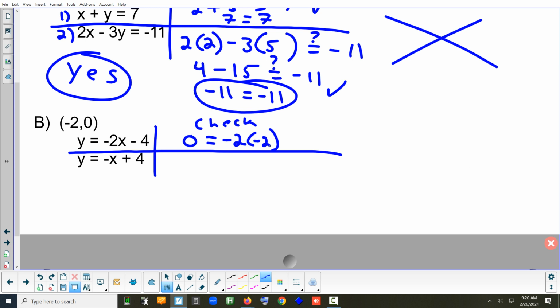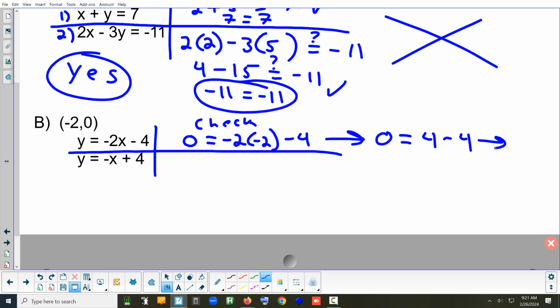And then -4. Okay, so I'm going to simplify it off to the side. So I've got 0 on the left. What's -2 times -2? 4. Negative times a negative is positive, so it's 4. And I still have the -4.